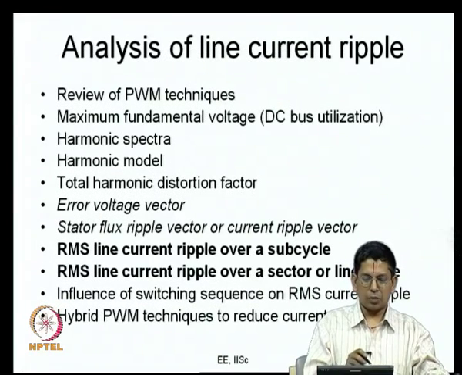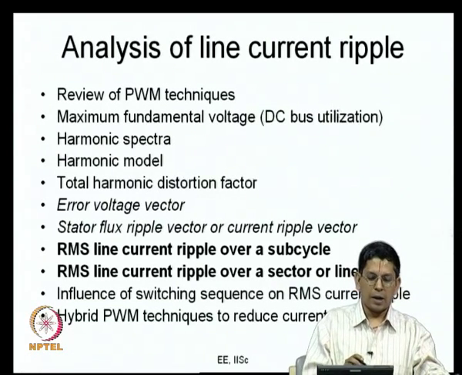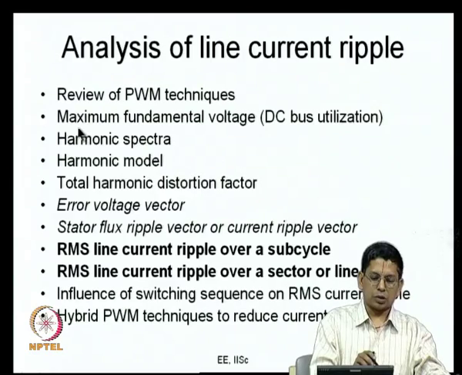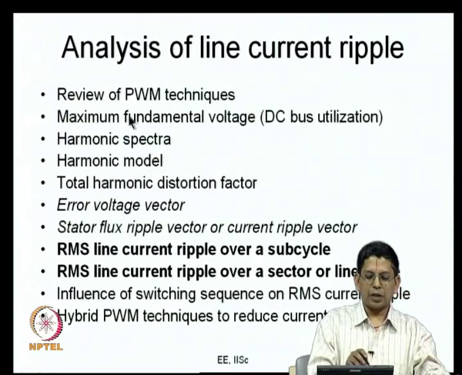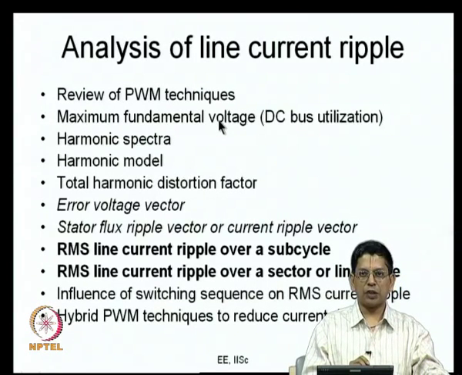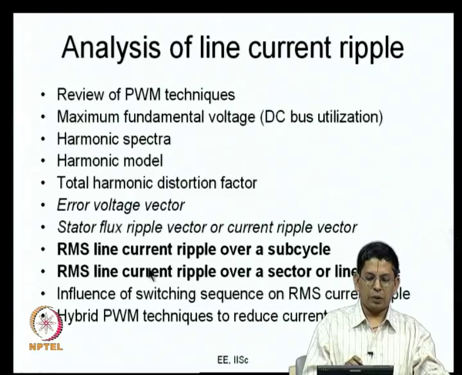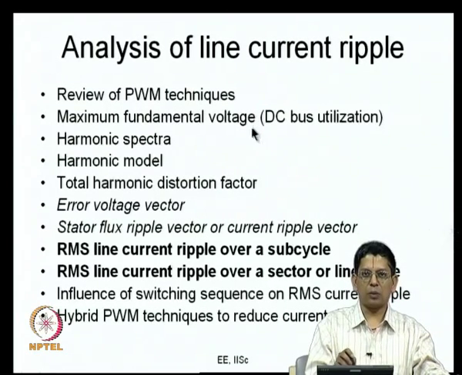The analysis of line current ripple in the present module includes a set of topics. One of them was a review of the PWM techniques from the last 2 modules, and we looked at the DC bus utilization, that is, how much fundamental or AC side voltage can be produced with a given DC voltage.